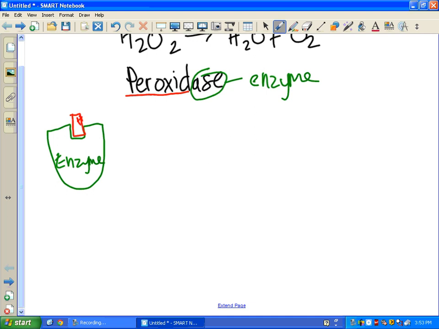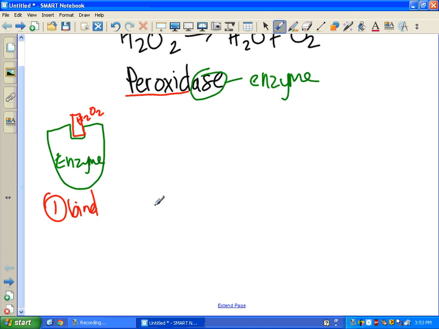So in this case, this was the peroxide. What happens is the enzyme is by itself, and it finds the shape that matches up with it, and once it binds, so step one would be bind, and we have something that looks like this.